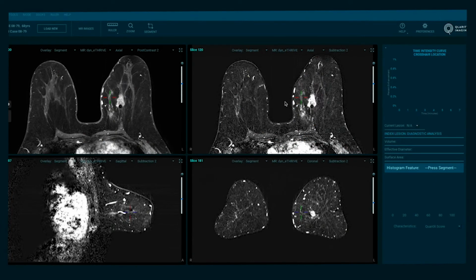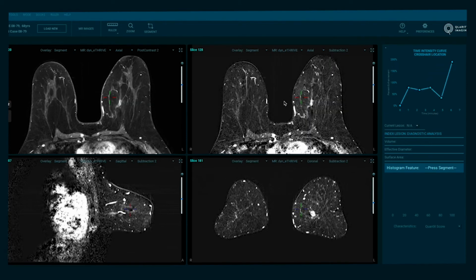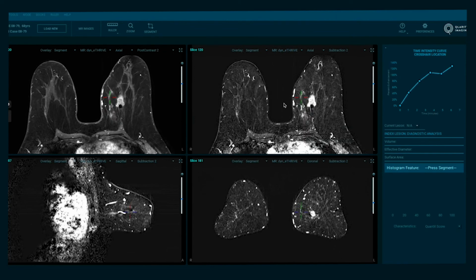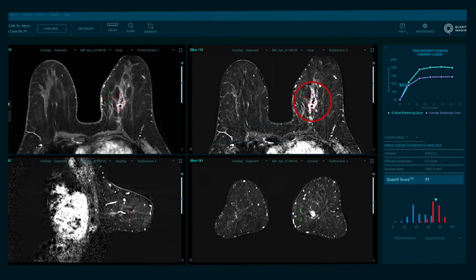Now let's segment our index lesion. And we're going to just go through it a little. Looking at the segmentation now, analyzing the lesion. And here we can see the segmented lesion.